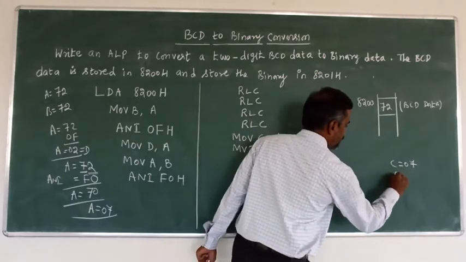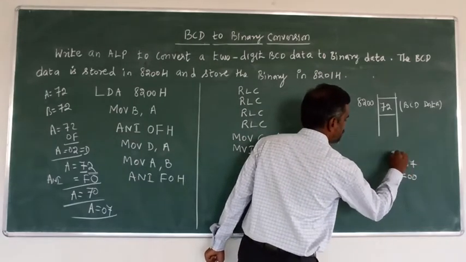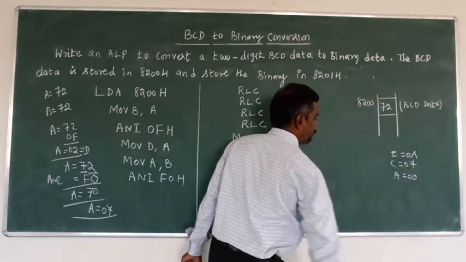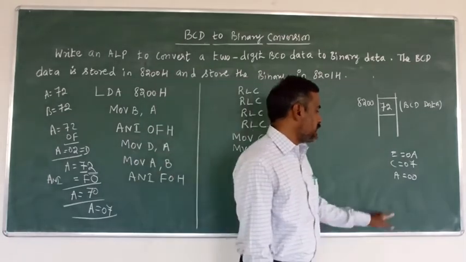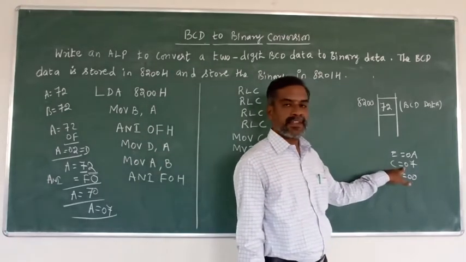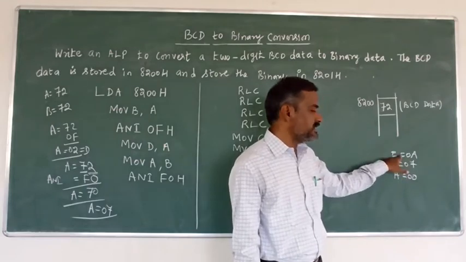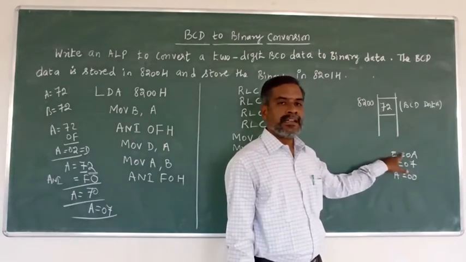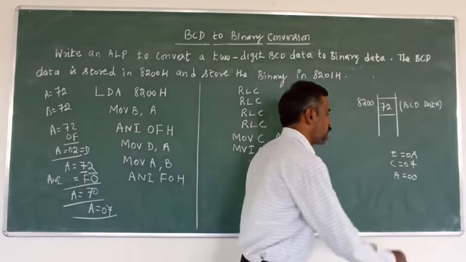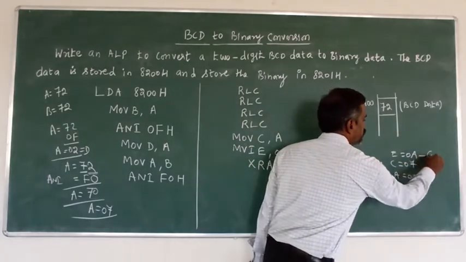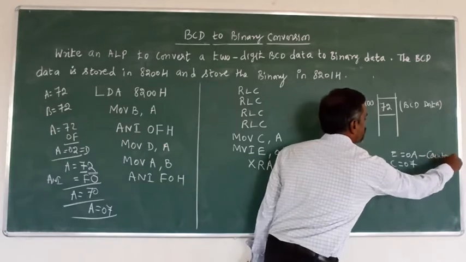Now register A is 00 and the E register is 0A. Now to multiply, either the accumulator with 07 or the accumulator with the E register; to fix any one register as a counter, here we fix the E register as the counter.